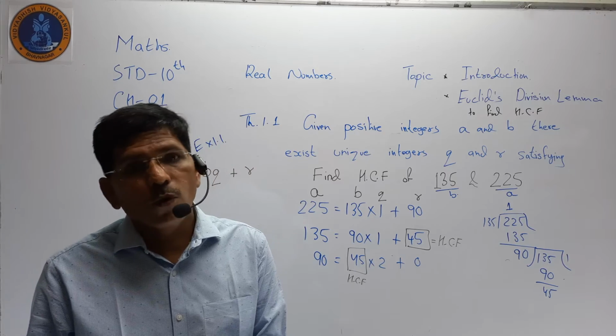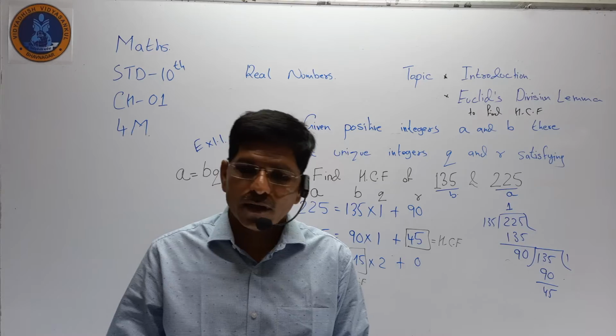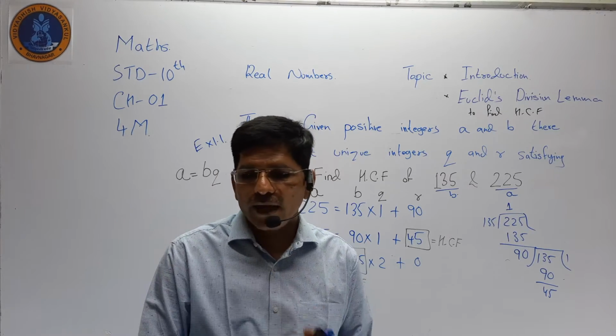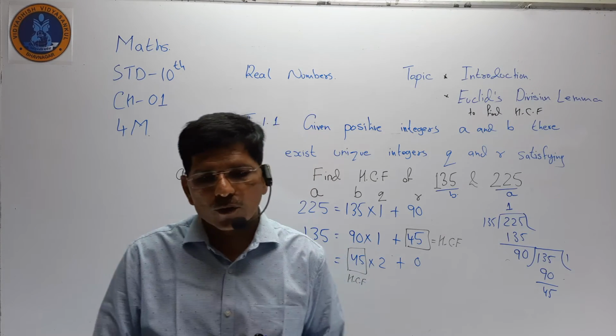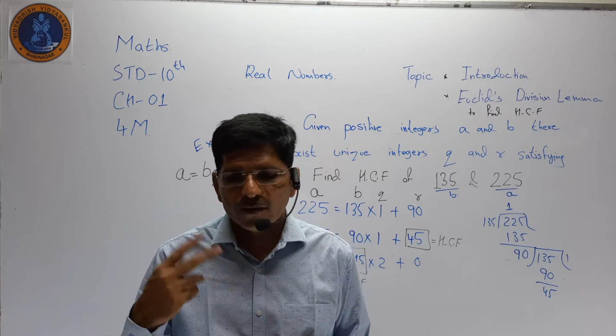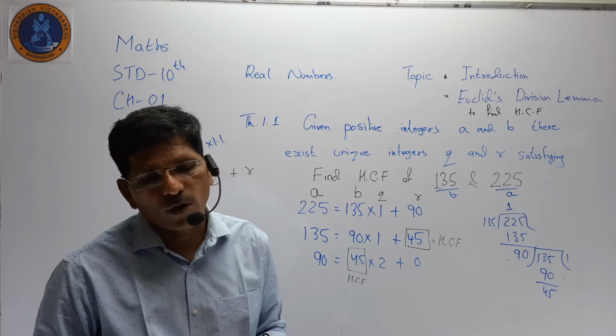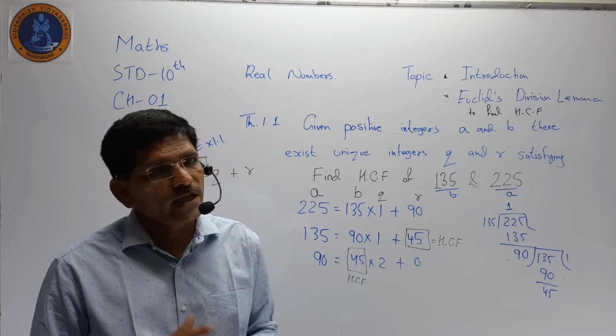Sometimes when question is more than 2 terms, 3 terms are there, on that time what we can do? On that time we have to do first any 2 numbers and then go for the third number. When question is in form of 2, then it is easy.